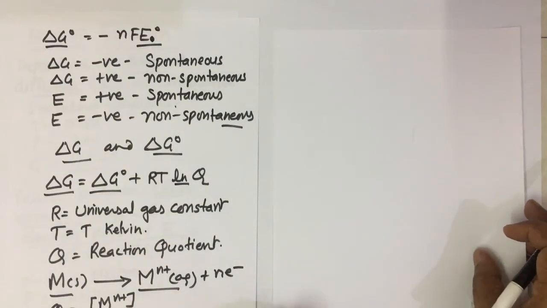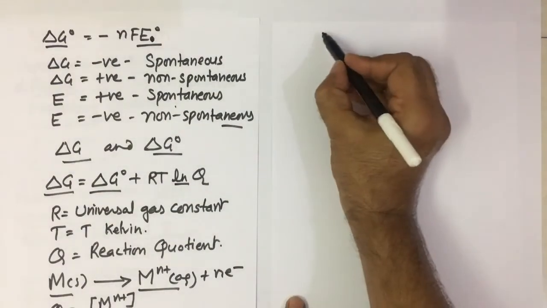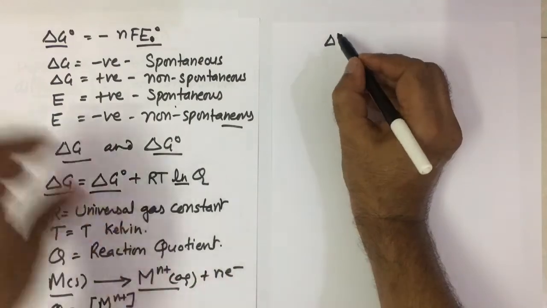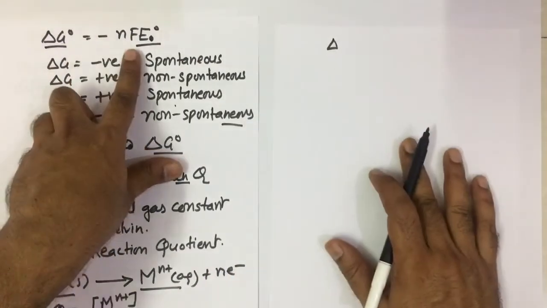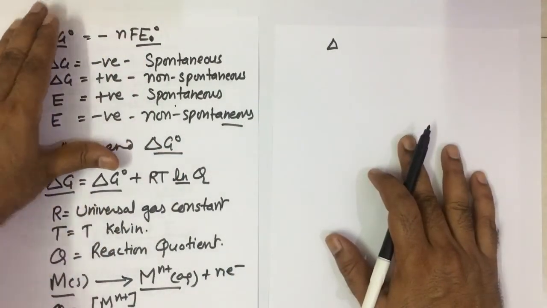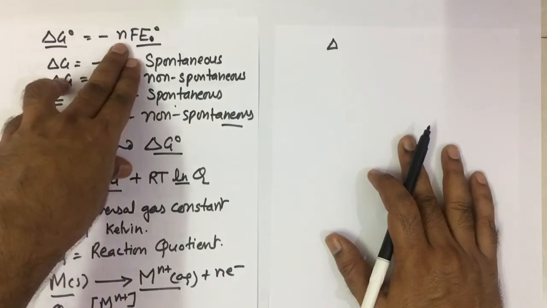Now we know delta G under normal conditions is equal to minus nFE, and delta G naught is equal to minus nF E naught.